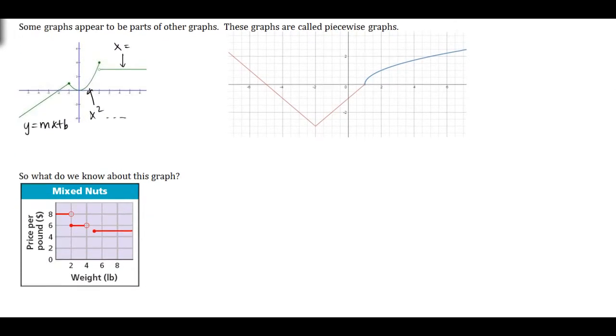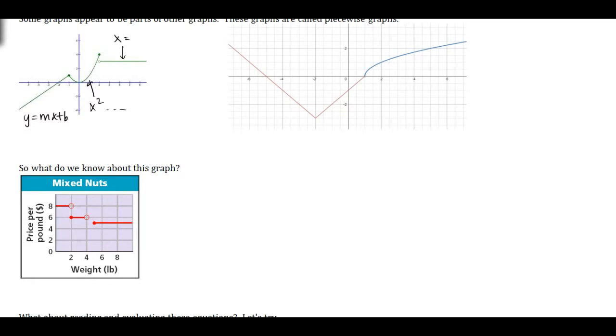So here's something you see really common. This little thing down here, this mixed nuts problem, right? You see this very common. You go to Disneyland, there's a different price for different ages. You go to Starbucks, there's different prices for different sizes, right? Everything has its own little group, and even here with mixed nuts, if you read this graph, you can see as you buy more weight, if you buy more pounds of mixed nuts, looks like the price comes down a little bit.